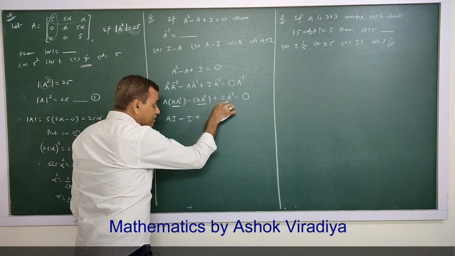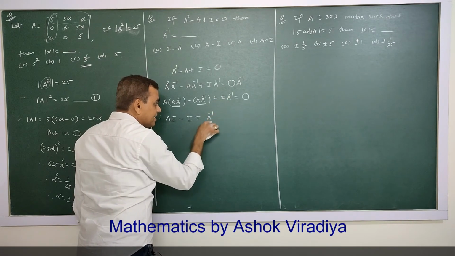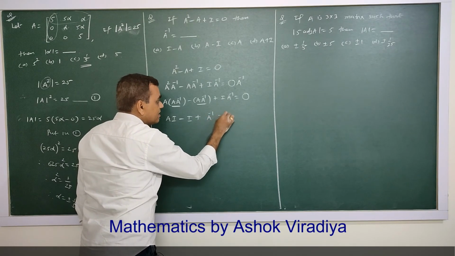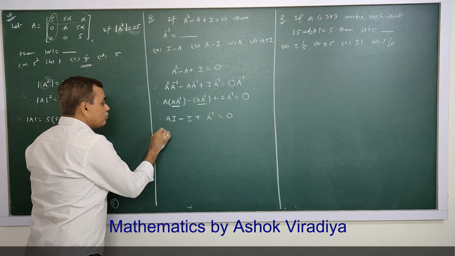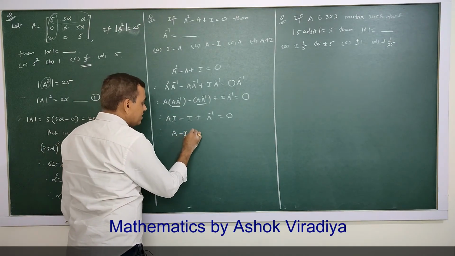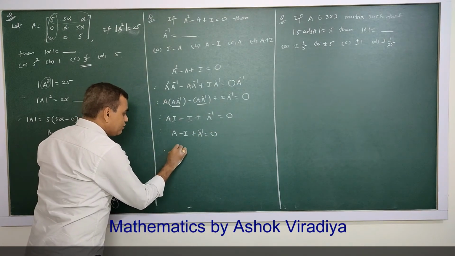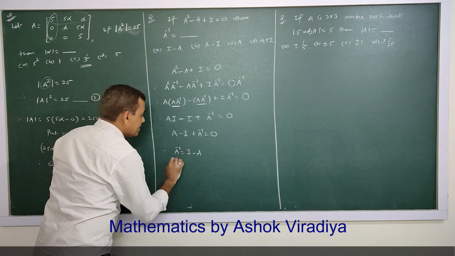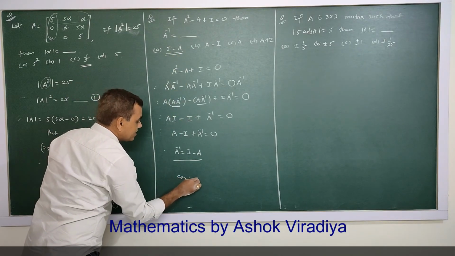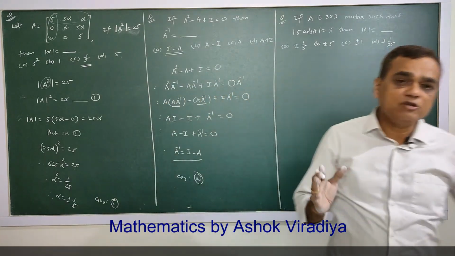Multiplying any matrix with the identity matrix, the matrix remains as it is. A inverse into I is A inverse. Now A into I is A, so A minus I plus A inverse is O. So A inverse is I minus A. So the answer is A. So this is the method to find the inverse from an equation.